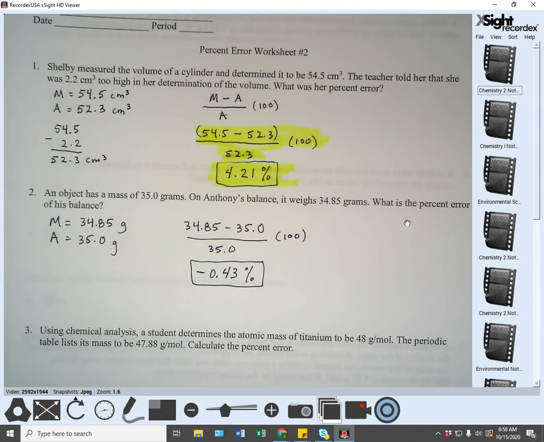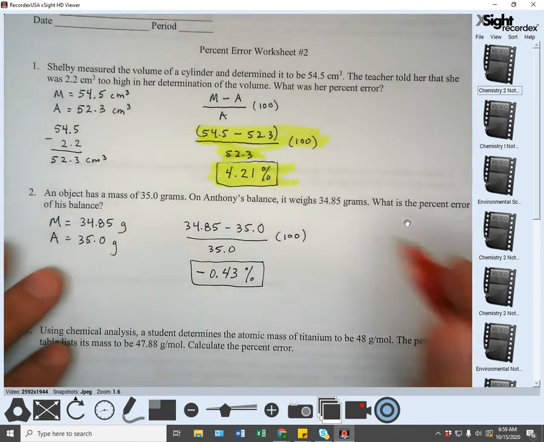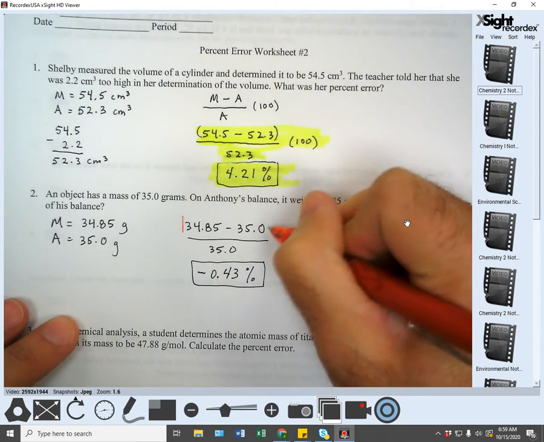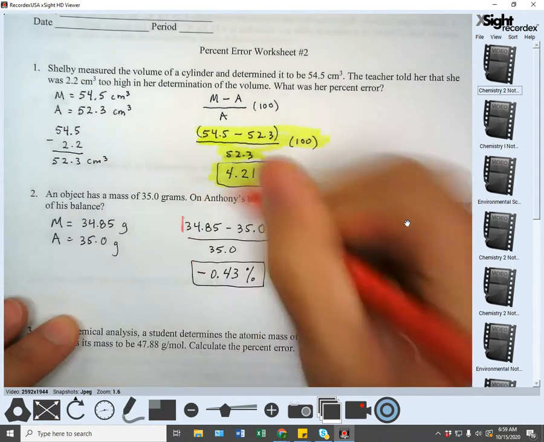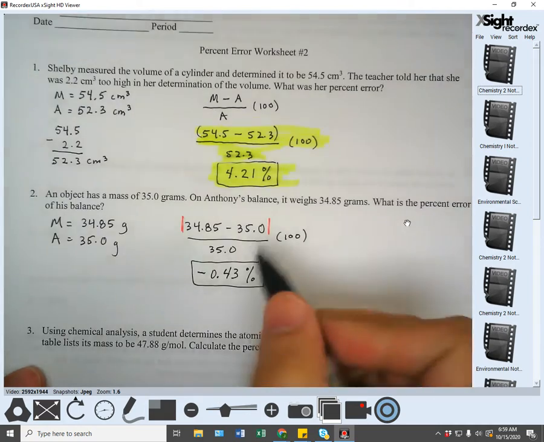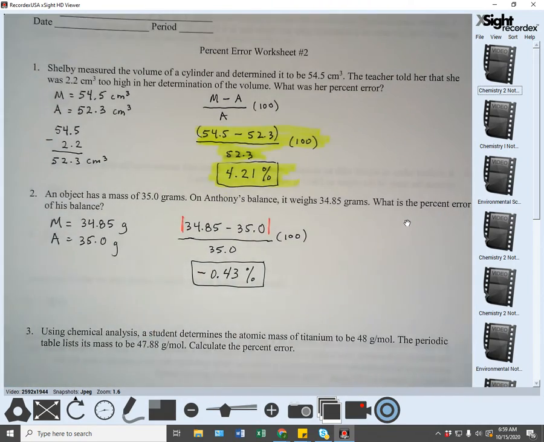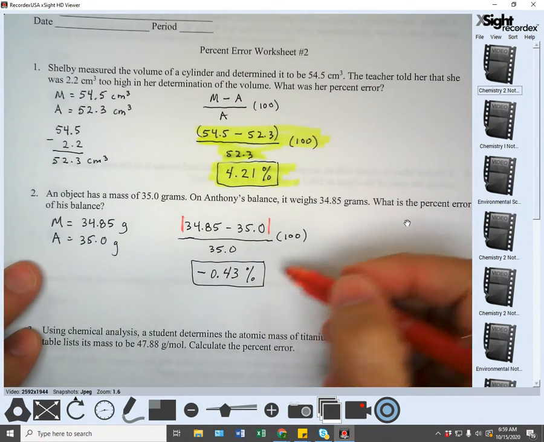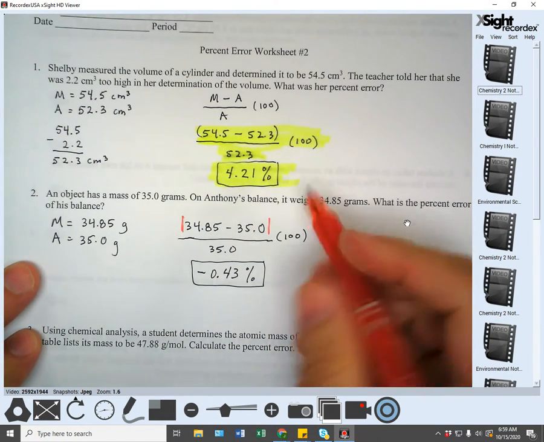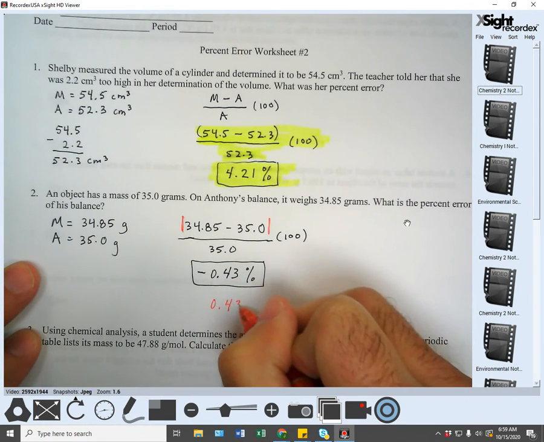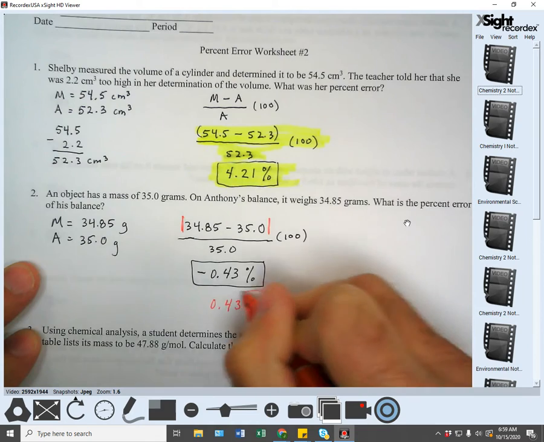So some mathematicians think of it more that way. What they would do is put absolute values on either side of the stuff at the top, and all the absolute values do is make your answer positive. So this would be the same number, it would just be 0.43 positive instead of negative.